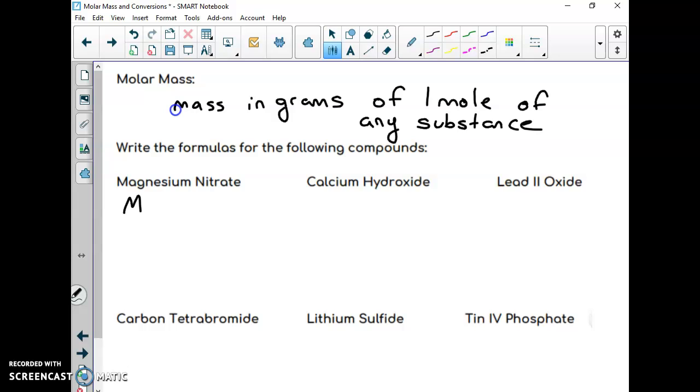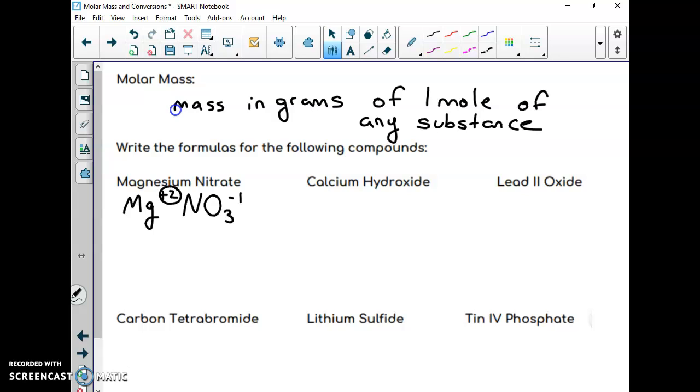But so magnesium nitrate is an ionic compound. It may have been a little bit of time since you've looked at these, but for any of these ionic compounds, the only one that's not is the carbon tetrabromide, you need to identify the ions that are there. So in this case, magnesium nitrate, positive 2 versus negative 1.